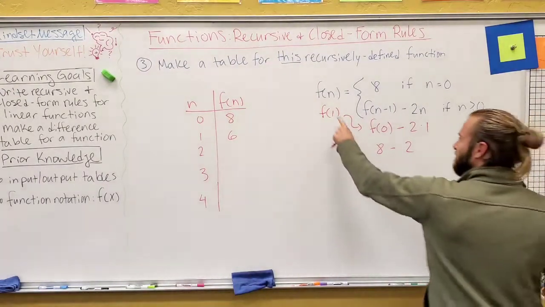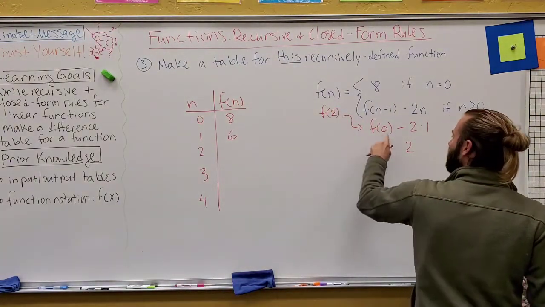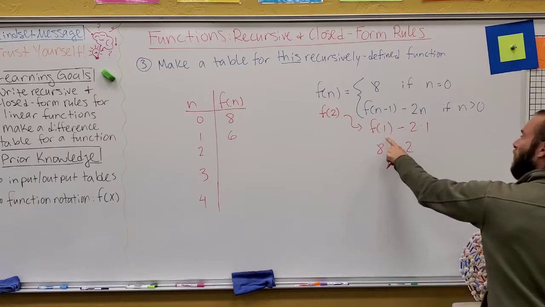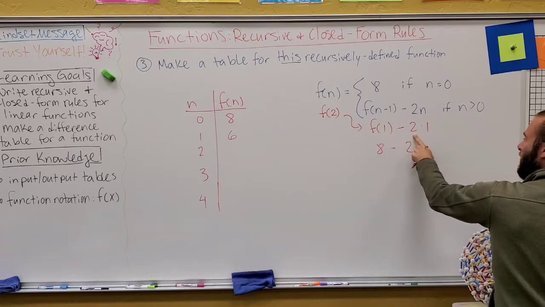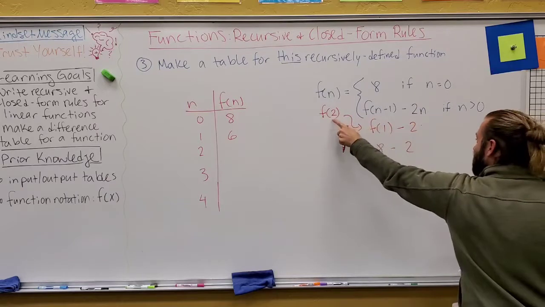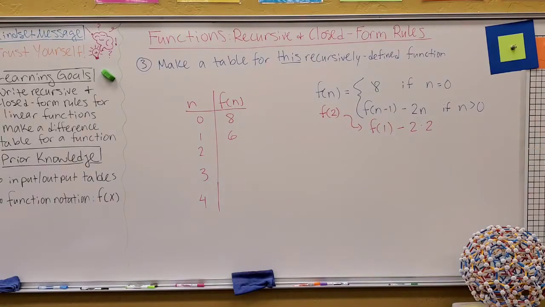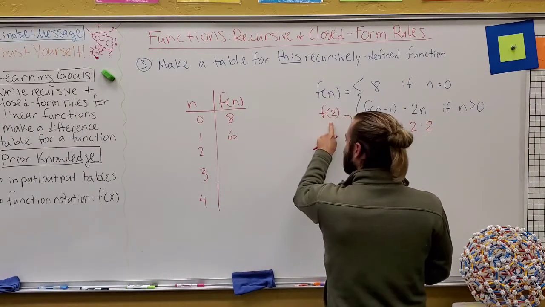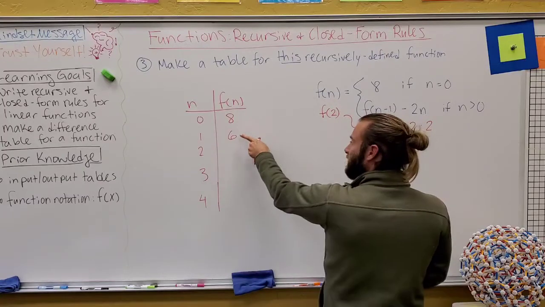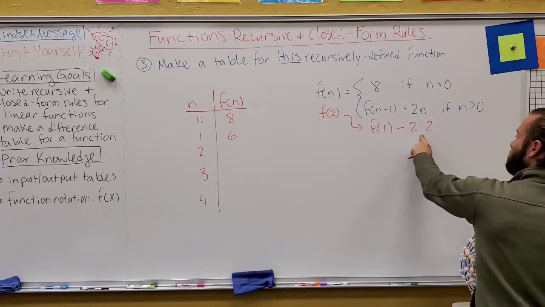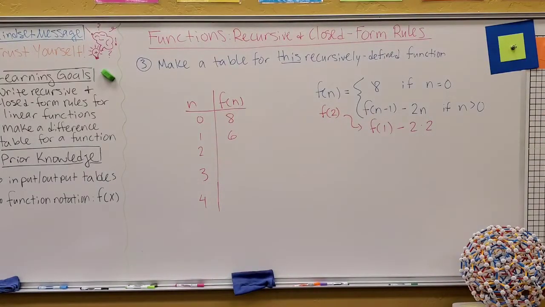And then you can say, okay, well, if I want to get f of 2, it's going to be f of 1, right? Previous output, minus 2 times, now our n has changed to 2. So whatever goes here is f of 2, but what we're going to do is take our previous output and subtract 2 times 2 in this case.